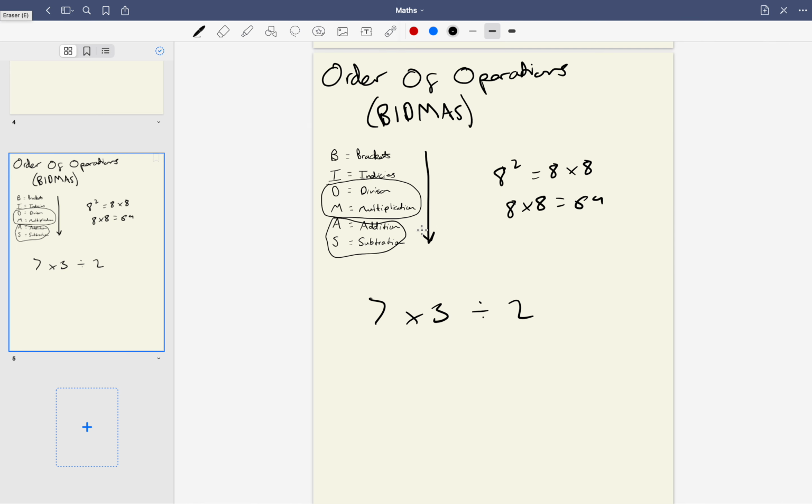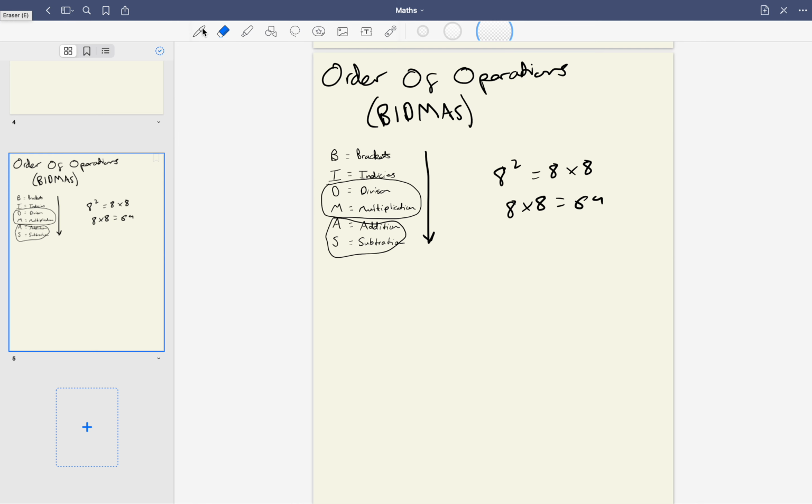If you strictly adhered to this, you'd do division, then multiplication. But you don't need to do that. If you've got these two together, you can just do it from left to right. So you do 7 times 3, which is 21, divided by 2.